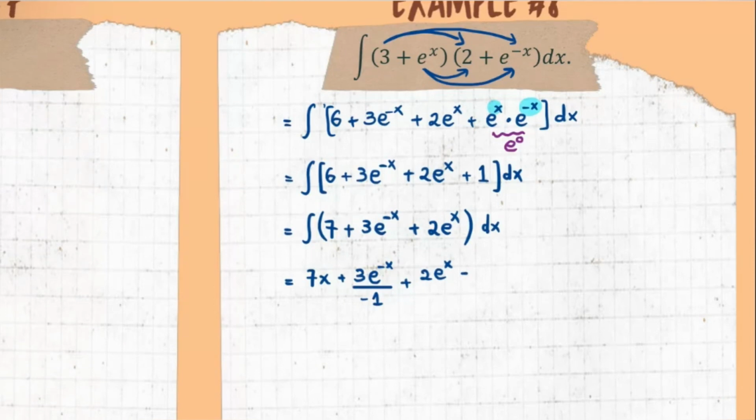So plus dengan c. And therefore your final answer will be 7x tolak 3 e of negative x tambah 2 e of x plus c. So this will be your results.